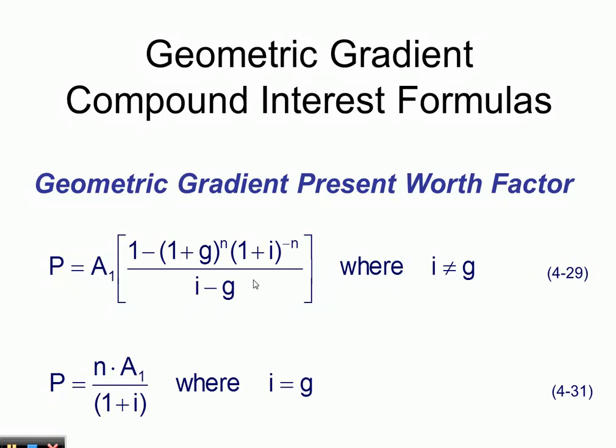We would not want to have 0 in the denominator of a fraction because we cannot divide by 0. So of course we cannot use this formula when I and G have the same value. But when I equals G, we just use this very simple formula here.